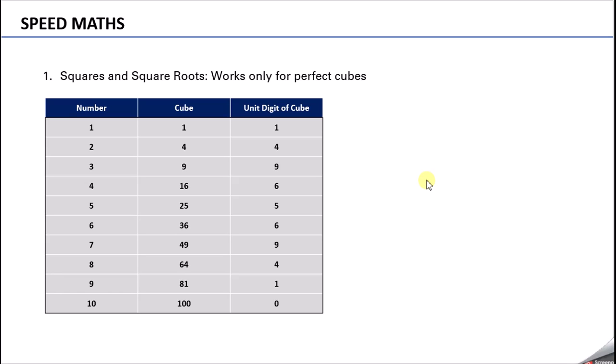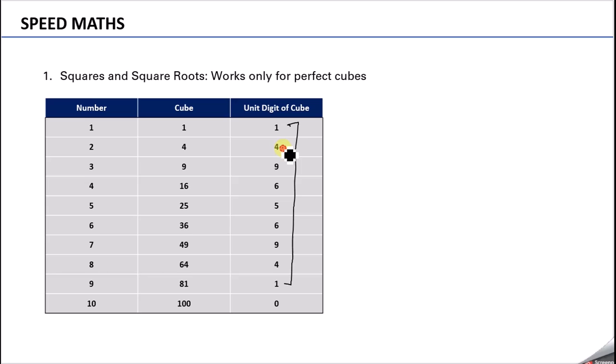This is similar to how we calculate the cube roots, which I have covered in the previous lecture, but there's a slight difference here. If we see in the table, the unit digit is common for two of the numbers. For the square of 1 as well as the square of 9, the unit digit is 1.